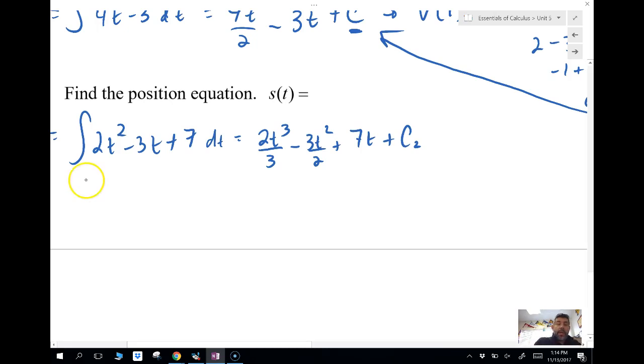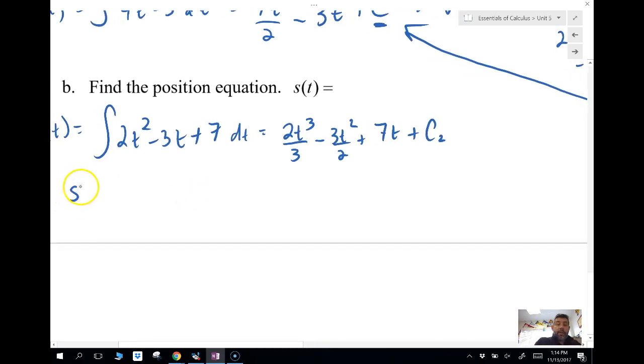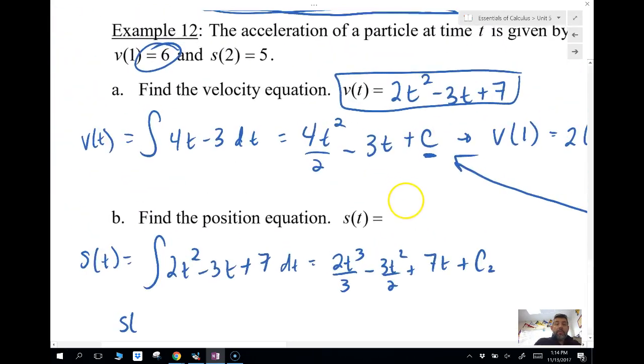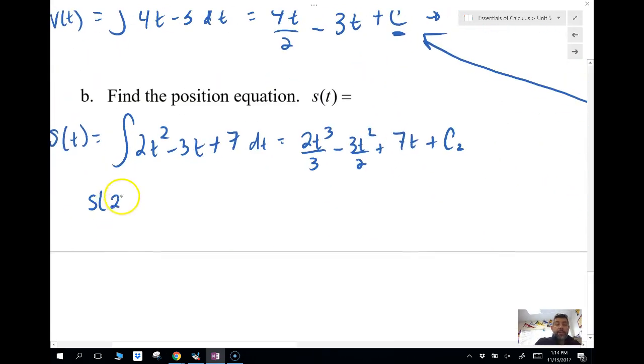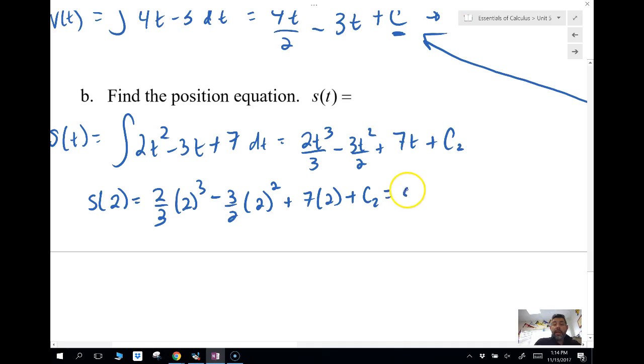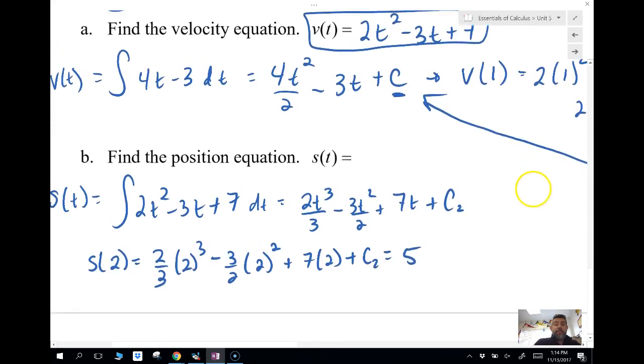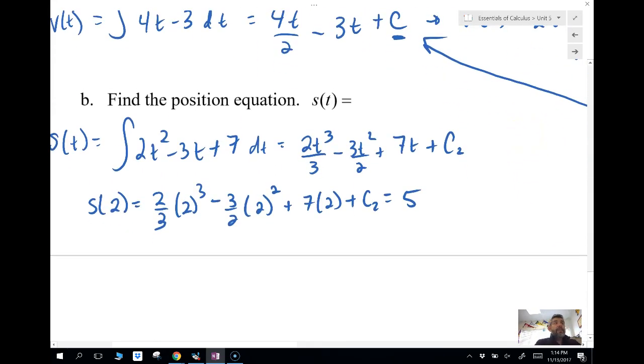And I'm going to plug in what I know. It was s sub 2. So I'm plugging 2 into my formula. Plus 7 times 2. And I know that that's equal to 5. Yep, 5. So I'm going to use that to solve for c2.